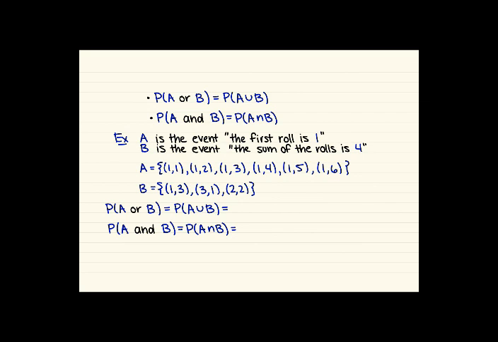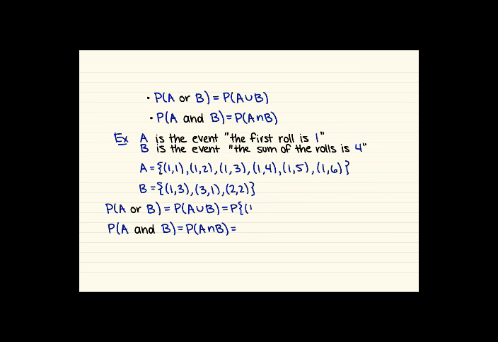So if A is the event that the first roll is a 1, and B is the event that the sum of the rolls is 4, so we're looking at these two sets written out here, then the probability of A or B, the probability of the union, is the probability of the event that we get by taking all of those outcomes together.